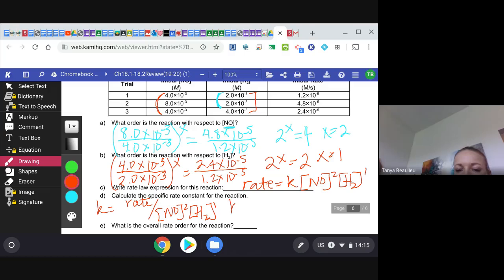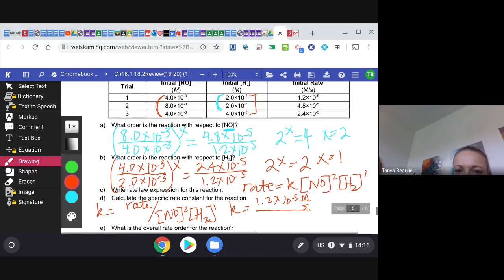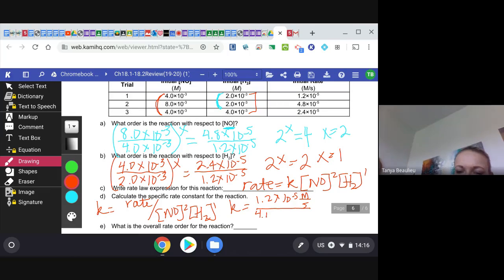So then K is going to be, and we're going to use the data from trial 1, 1.2 times 10 to the negative fifth molar per second divided by nitrogen monoxide. There's 4.0 times 10 to the negative third molar, and that value is squared. And hydrogen is 2.0 times 10 to the negative third molar there.